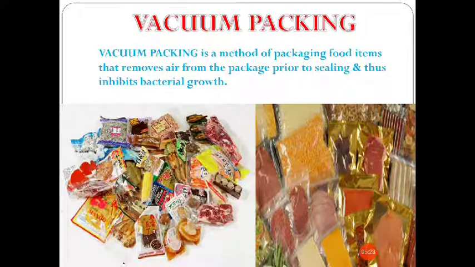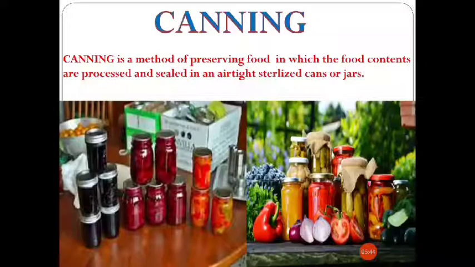So before packing only, from the packet, air is being removed, and then the food items are being packed in the packing, and this will help stop the growth of microorganisms. You can see different food items.